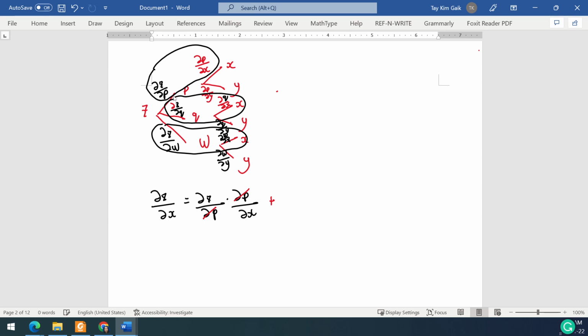Add up the second path, del z del q times del q del x, plus del z del w times del w del x, because they just want del z del x. If they want del z del y, you replace all the del p del x with del p del y, del q del y, del w del y. And then plug back in.